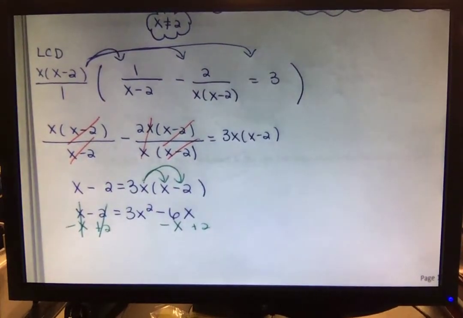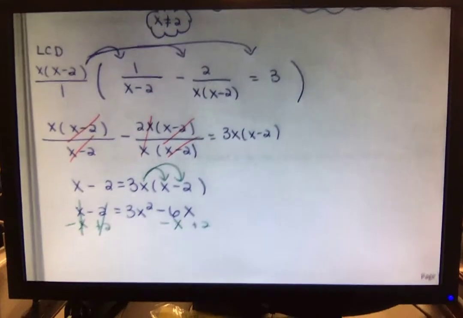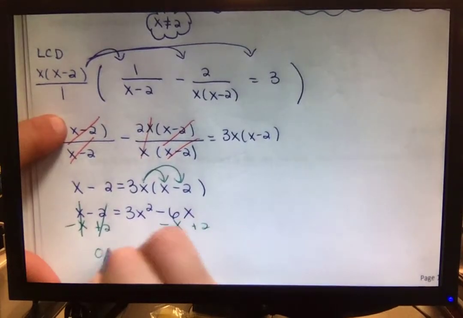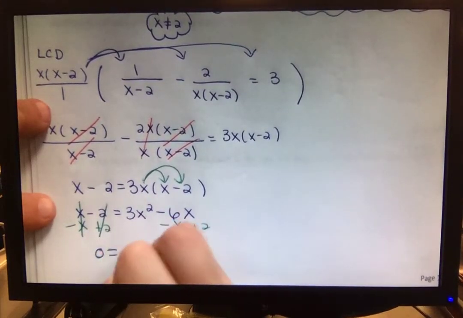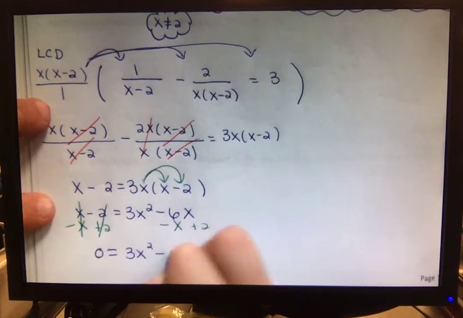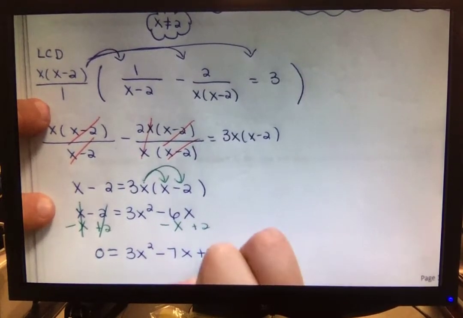I notice it's a quadratic, ax squared plus bx plus c. So that means in order to solve them, we have to get it in standard form. So we have to get it set equal to 0. So we moved everything on the right-hand side, so we have 0 equals 3x squared minus 7x plus 2.